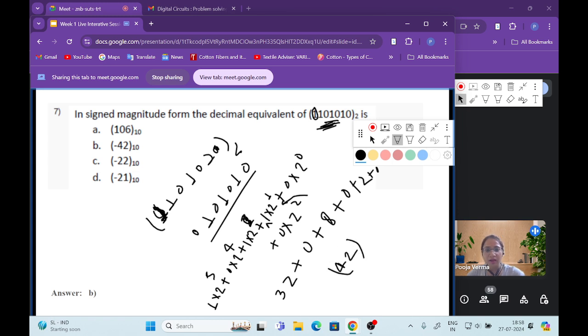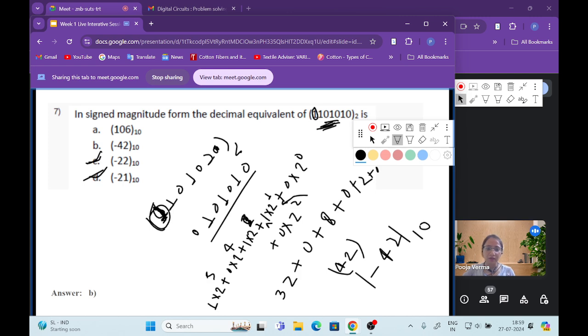Okay. And here we discard this magnitude. Magnitude is 1, so it will be minus 42 base 10. Right? Have you got this? Whenever this type of question is given, it is written in sign magnitude. It is not ones complement or twos complement. If you solve this in ones complement or twos complement, you will get different answers.